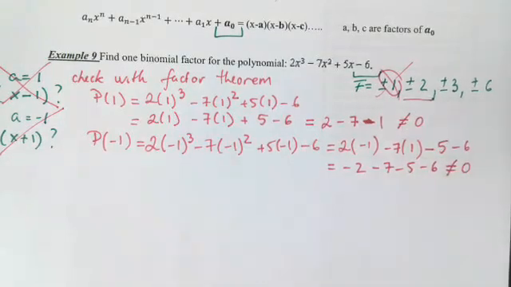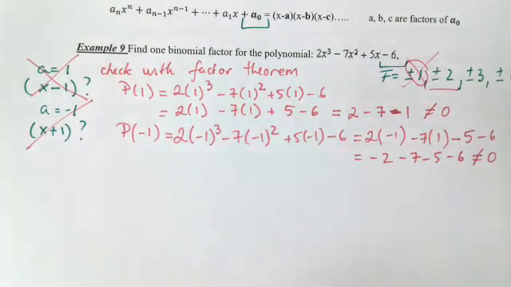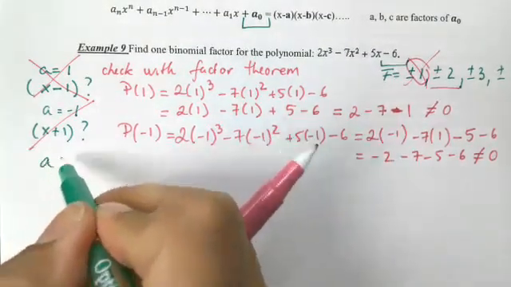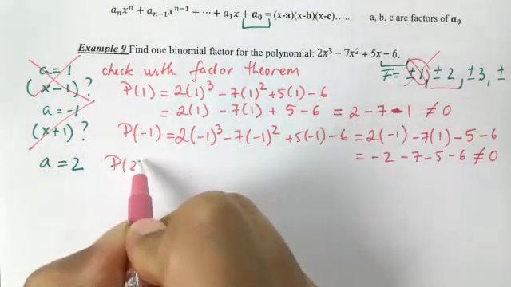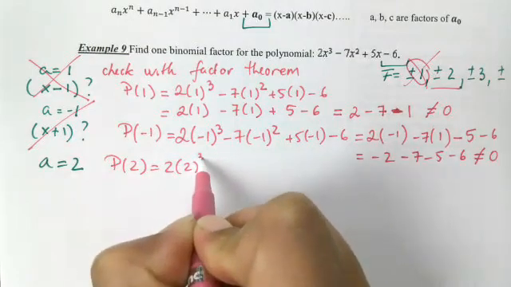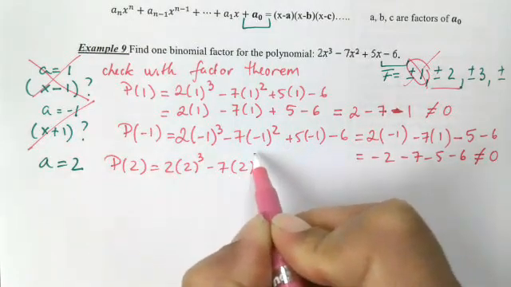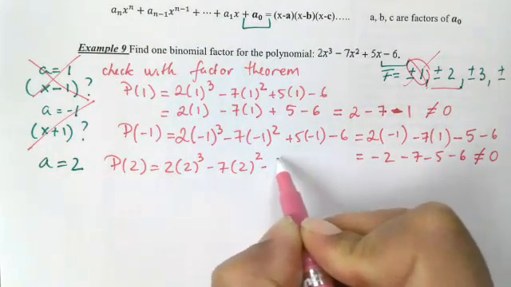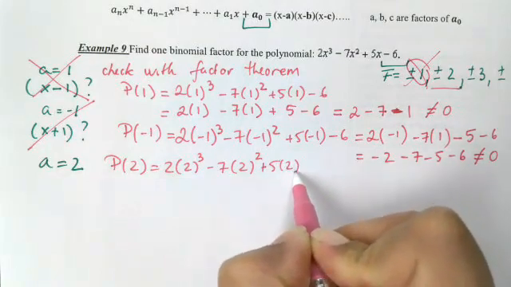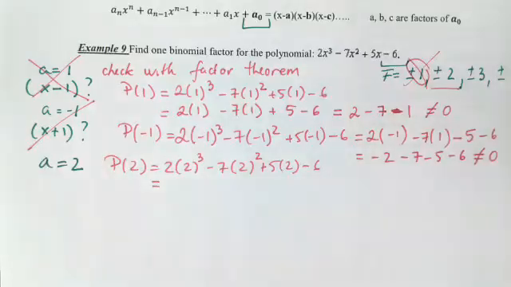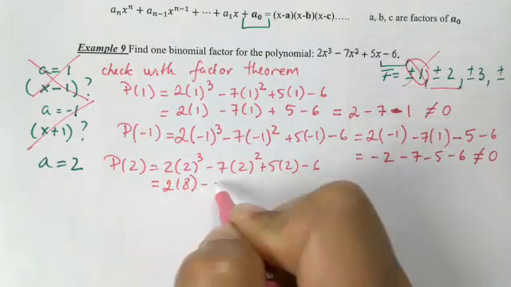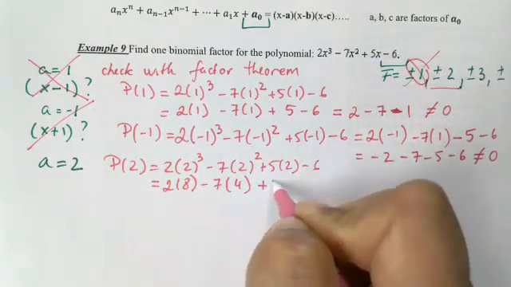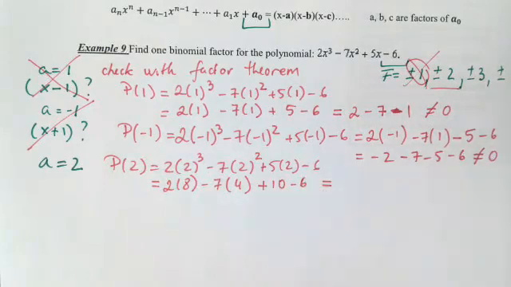So move into the 2's now. Start with either -2 or +2; it doesn't really matter. I'm going to go with positive because that's what I did for the ones. So a equals 2. That means I'm checking P of 2: 2 times 2 cubed minus 7 times 2 squared plus 5 times 2 minus 6. 2 times 8 minus 7 times 4 plus 10 minus 6.